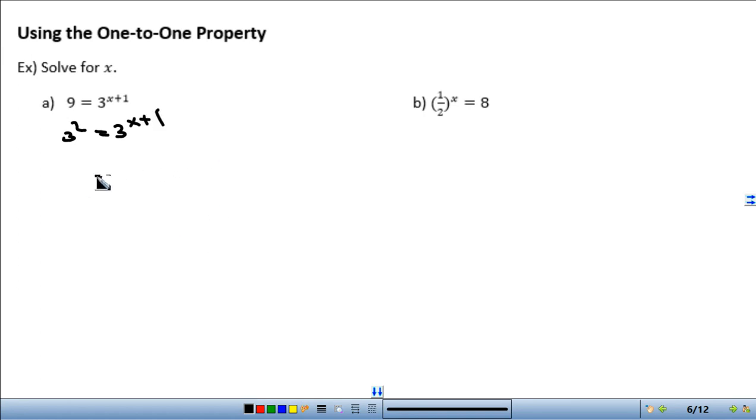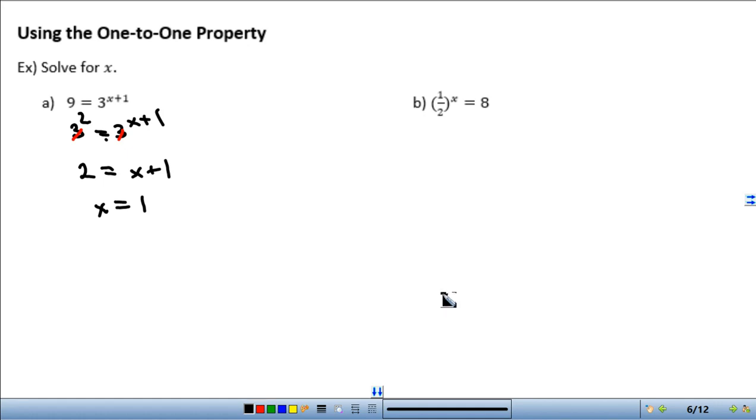Now that I have the same base, I've got base 3 and base 3, I can essentially ignore the bases and just look at the powers, because the powers have to be the same since my bases are the same. So what I have is 2 is equal to x plus 1. And now you just solve for x, minus 1 on both sides. X equals 1.